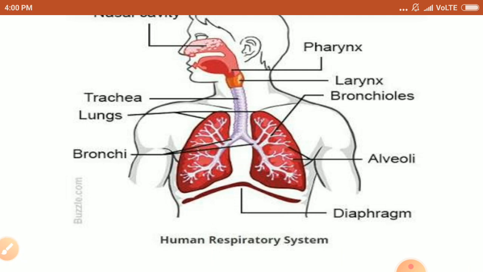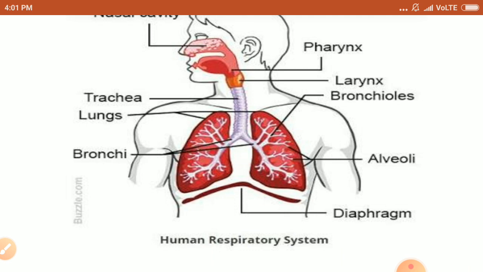The function of these rings is to support the wall of the trachea and ensure that the air passage does not collapse during respiration. So rings of cartilage are essential, so that whenever we are not inhaling, in the gap between inhalation and exhalation, the air passage does not collapse.